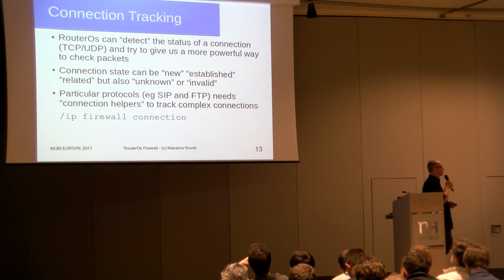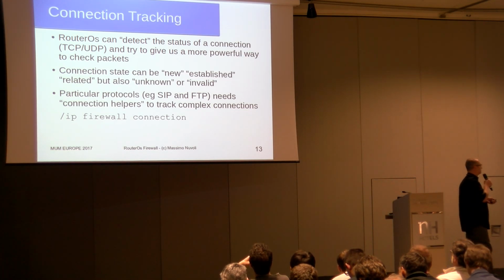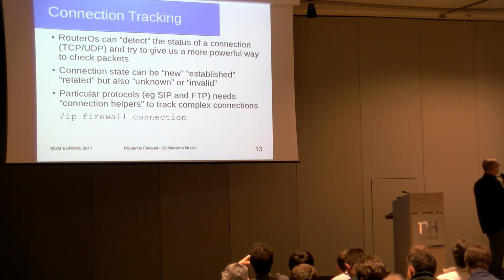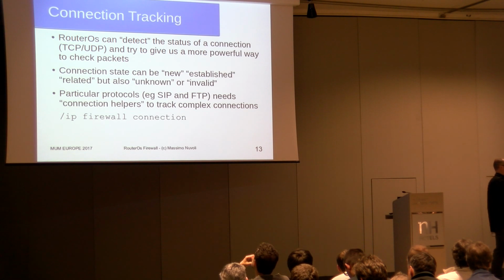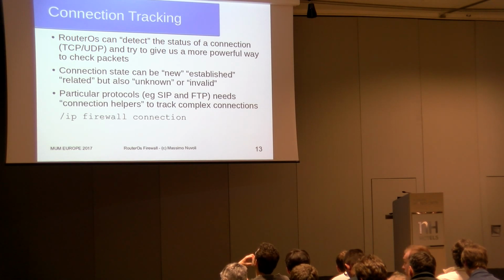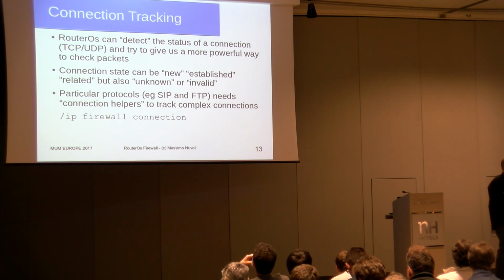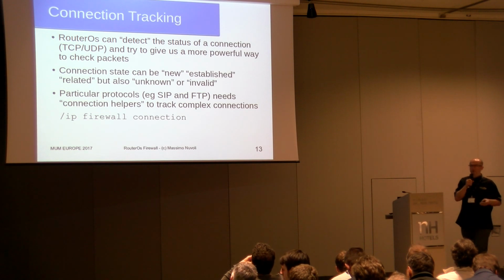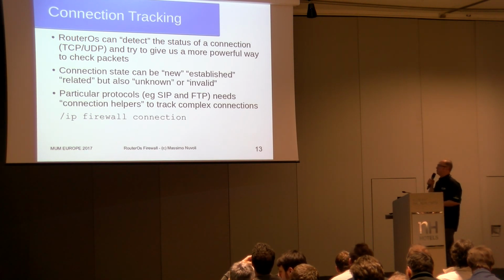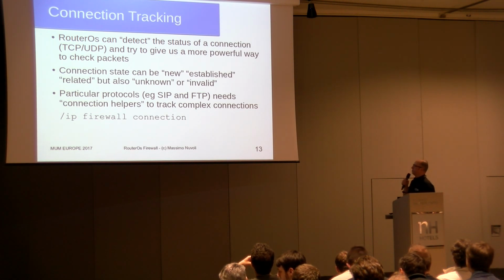But it's important to tell everyone that connection tracking is doing optimization in a firewall environment, because we can do a check only on new connections and ignore all the others, established, related, and also unknown or invalid, because we are trying to optimize the function of the firewall.